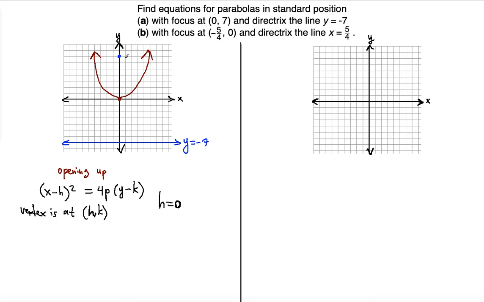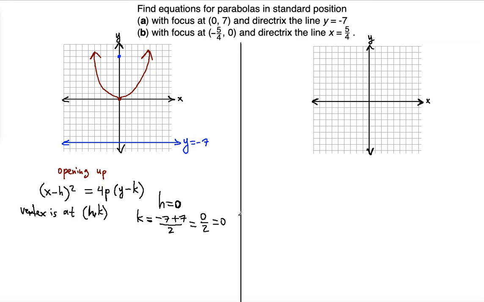But how do we confirm algebraically that k is indeed equal to 0 as well? Well, k is found by taking the average of the y values, -7 and 7, the y value for the focus, dividing by 2. So -7 plus 7, divided by 2, is 0 over 2, which is 0. So the k value is indeed 0.